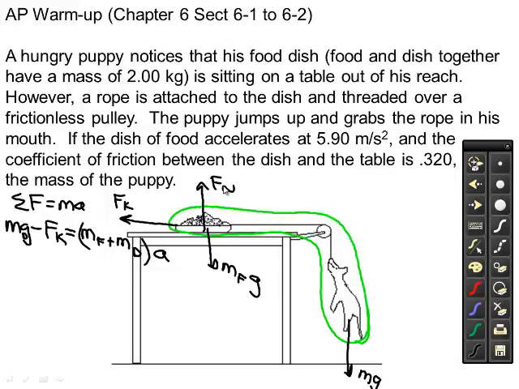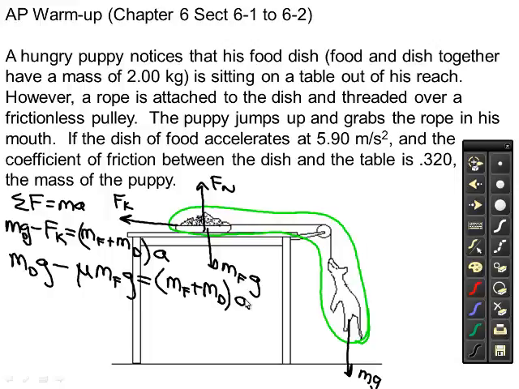All right. So the physics is over. Well, we still have to replace f sub k. The physics is almost over. So m sub d g minus mu times m sub f g, careful, equals mass of food plus mass of dog times a. All right.